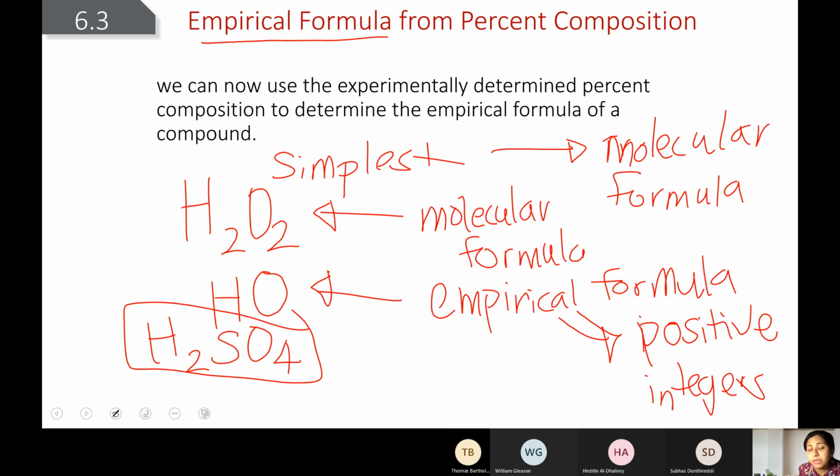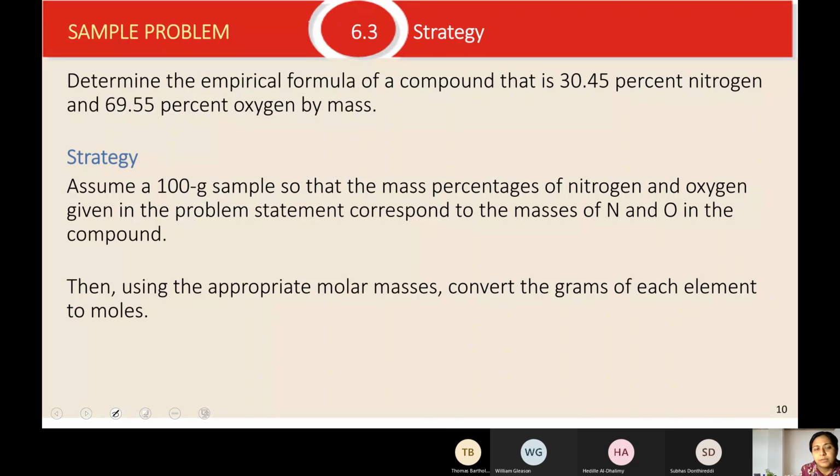So I hope now you understand the difference between an empirical formula and a molecular formula. Okay, let's move on to the next sample problem.